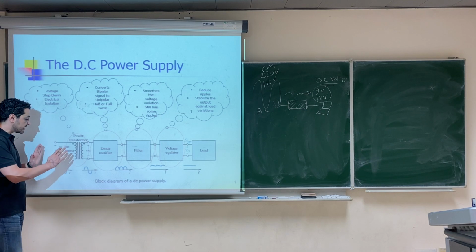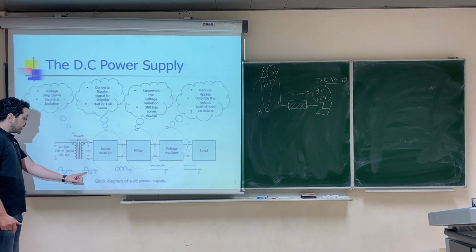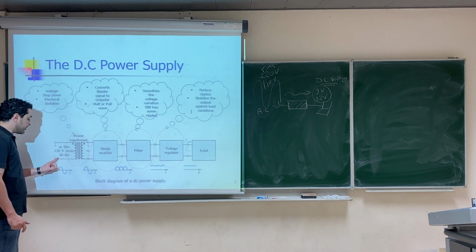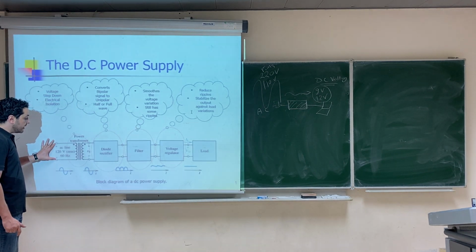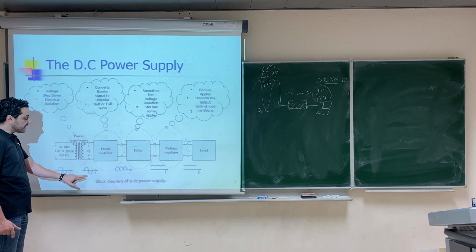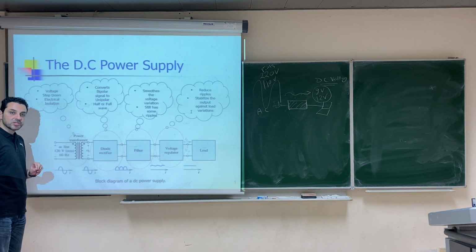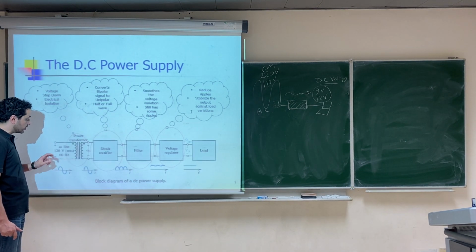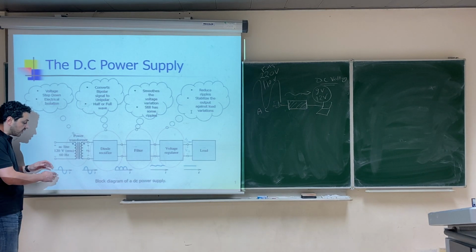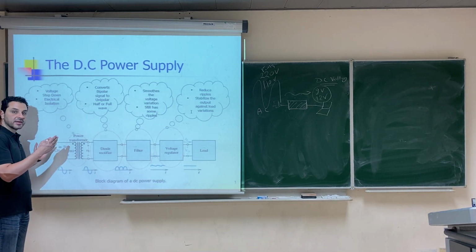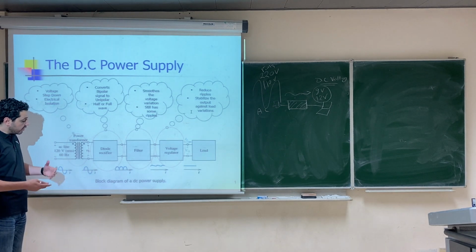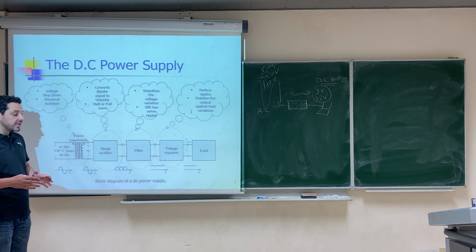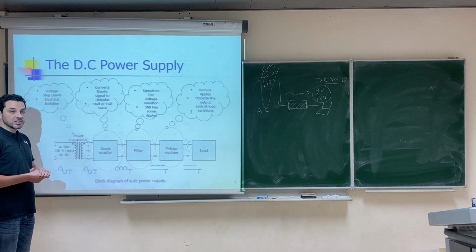The transformer keeps the voltage sinusoidal on the secondary side, but reduces the amplitude from 220 or 120 to a very small value in the range of 12 or 13 volt, but still sinusoidal.